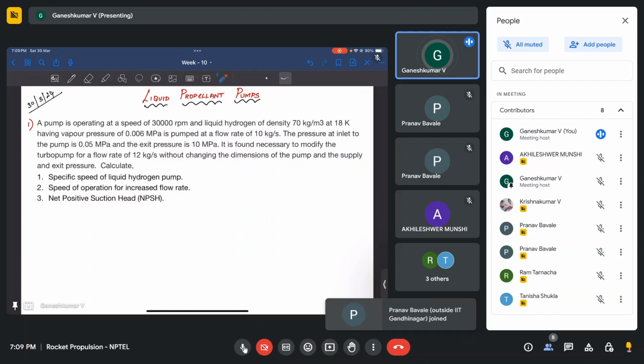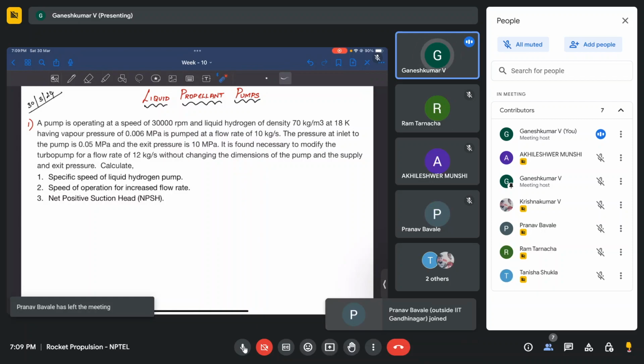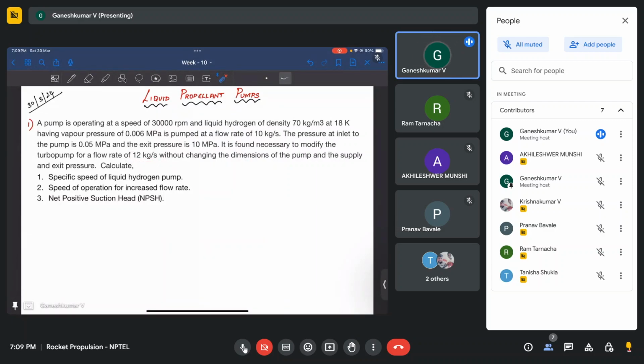It is found necessary to modify the turbo pump for a flow rate of 12 kg per second. So there is already a pump which has been designed for 10 kg per second with all these parameters. Now they are trying to modify it for a flow rate of 12 kg per second because of various reasons, like they may need to increase the pressure, right?